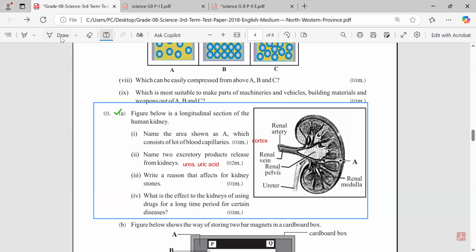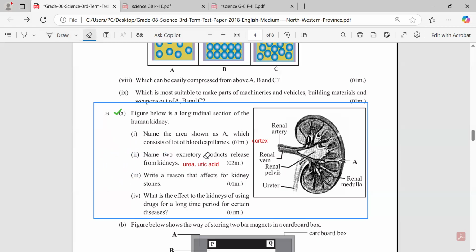So when you say urine, that is how these excretory products are released, right? So what does it contain? That is the question here. They're asking you, what does your urine contain? So you're supposed to tell not urine, you're supposed to tell urea and uric acid. Make sense?